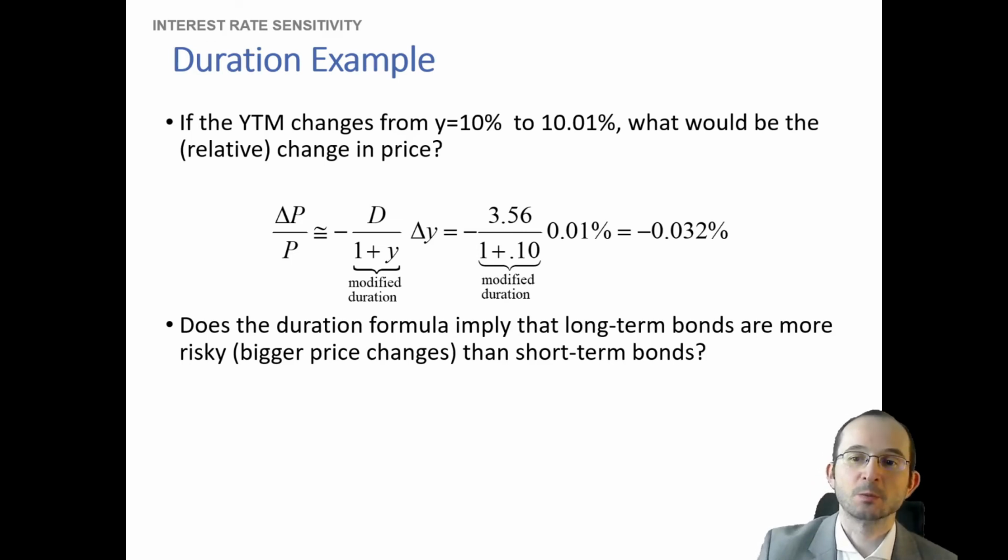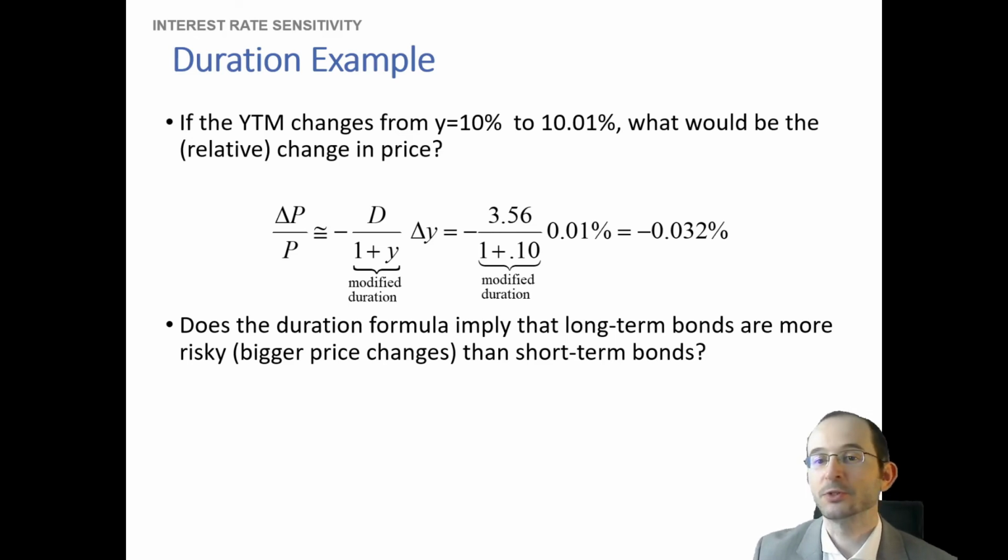Remember, we saw in that plot of the linear forecast versus the truth that for big changes in yield, the linear forecast of price change from duration is far from perfect. But for smaller ones, it looks like it's going to be pretty close. Well, let's see what it would be like for a small one, an increase in yield from 10% to 10.01%.